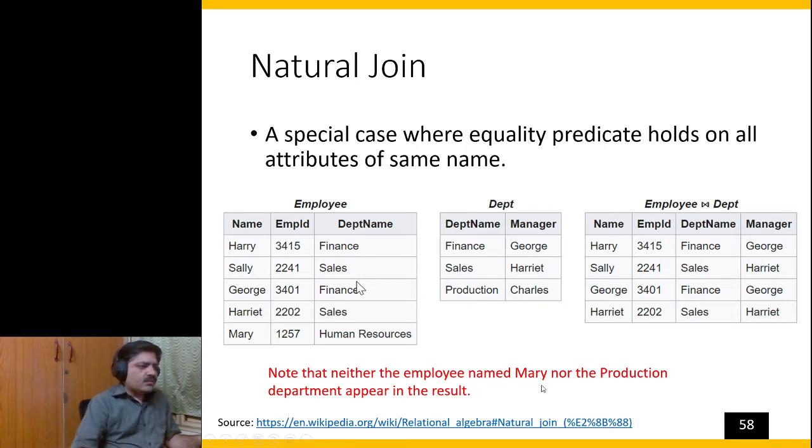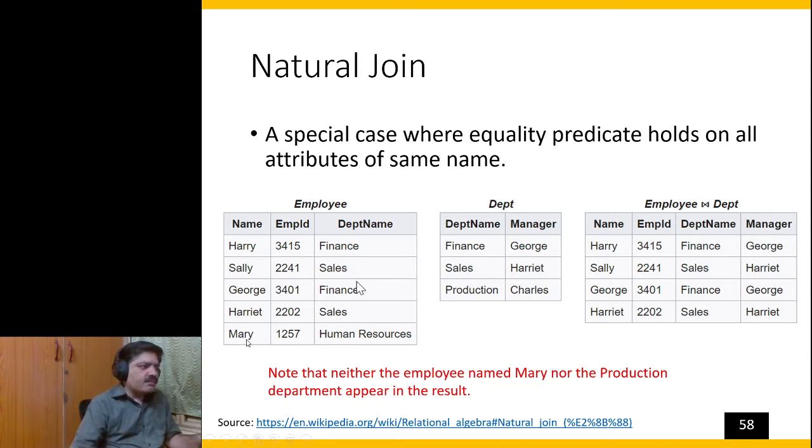One thing that you should note here is that neither the employee named Mary nor the production department appeared in the output relation. That is because we did not have a corresponding entry on both sides of the natural join.